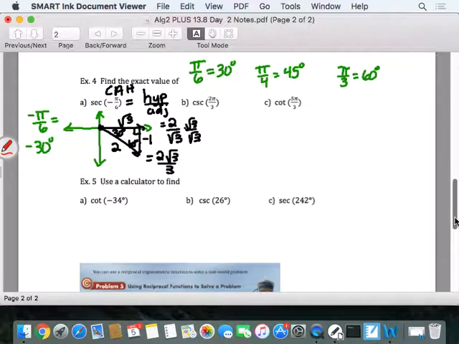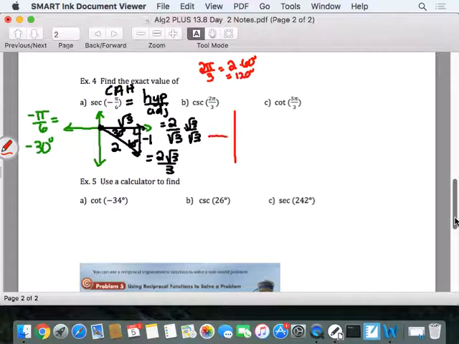All right, cosecant, 2 pi over 3. I'm going to go ahead and erase this. We're supposed to know those. 2 pi over 3. I have 2 sets of 60 degrees, so that's 120. 120 is in the second quadrant.